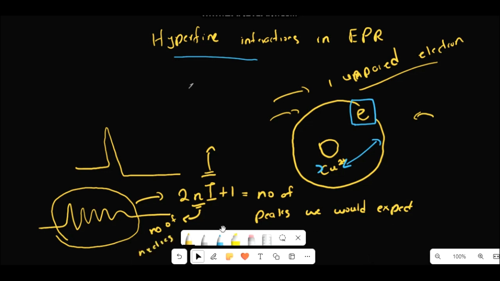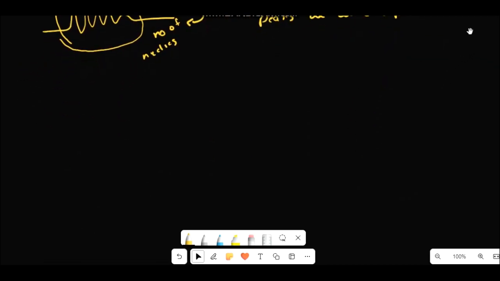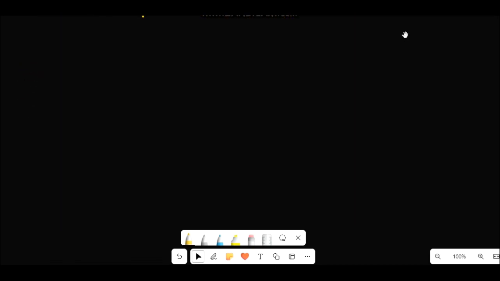So let's take an example to have a clear idea about this equation. Let's assume we have a copper 2 plus ion, sorry, cobalt 2 plus ion. It has an unpaired electron. We are going to calculate how many peaks we would expect from this cobalt 2 plus nucleus interfering with our unpaired electron. We were given the cobalt 2 plus I value, which equals 7/2.